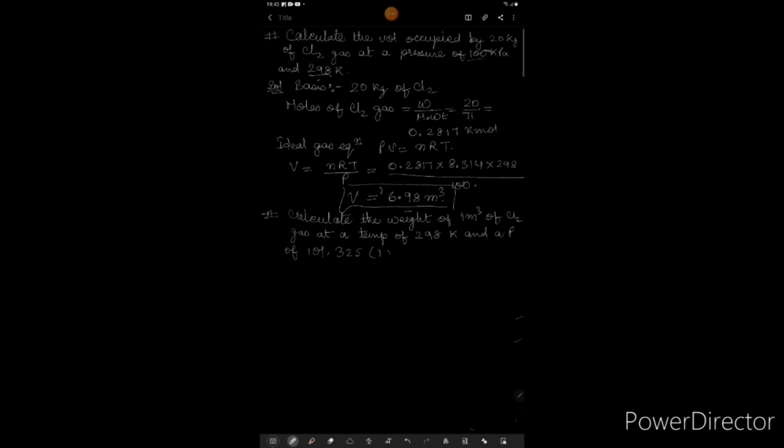This is 1 atmospheric pressure, 1 atmospheric. Okay, solution basis: one meter cube of chlorine gas. We need the weight, so we need density.